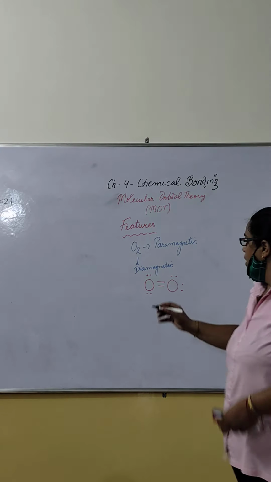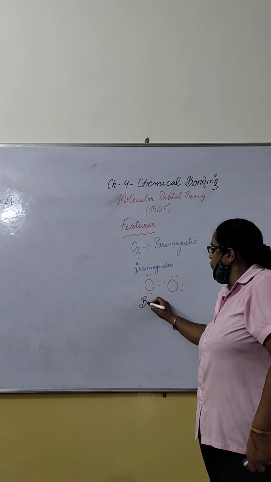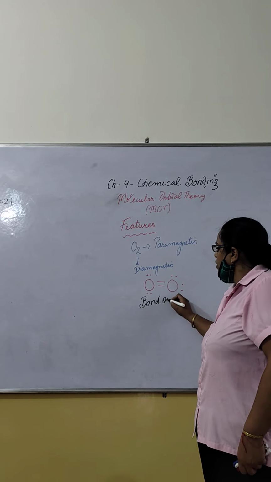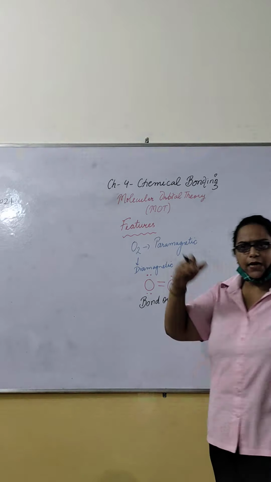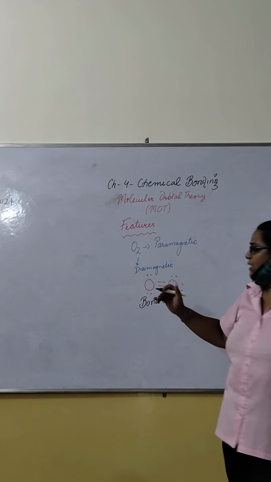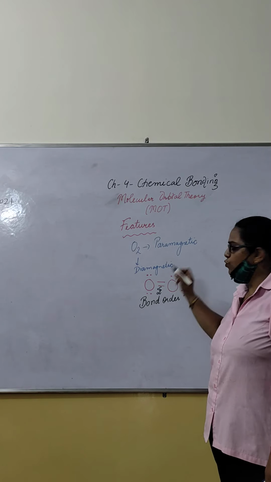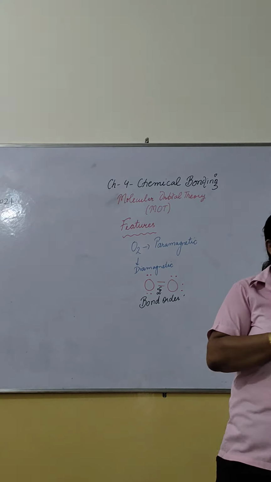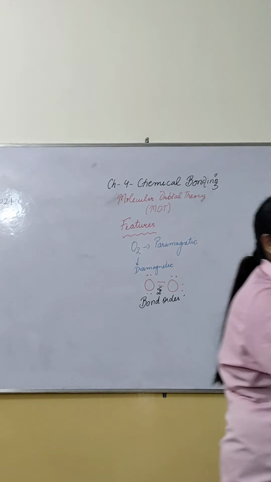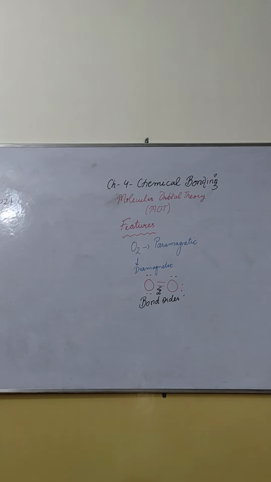Second thing, we have talked about bond order also. Bond order means, according to VBT, the number of bonds. Like the bond order of oxygen is 2. If it contains a single bond, bond order will be 1. If it contains a triple bond, bond order will be 3.